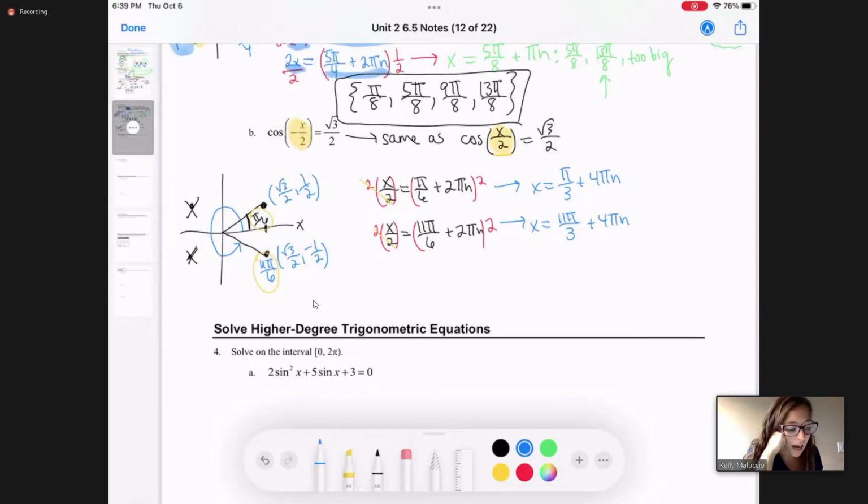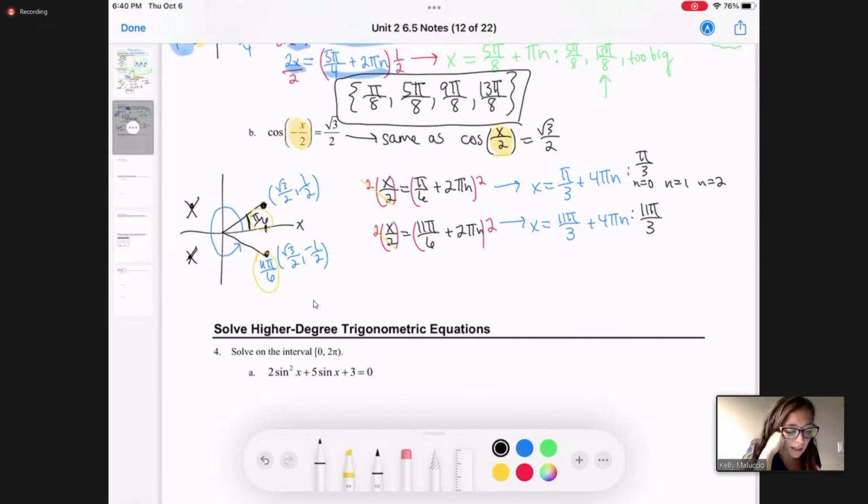Now, what I did before was plug in n equals 0, n equals 1, n equals 2 and see what happens. For n equals 0, I get pi over 3 and 11 pi over 3.